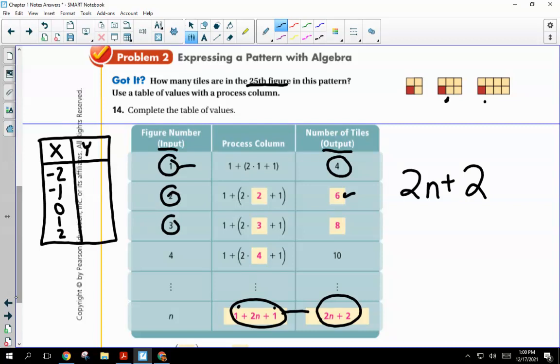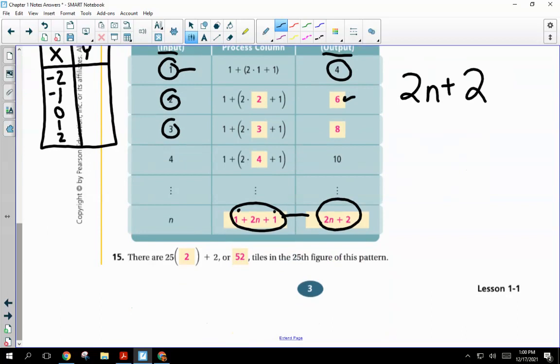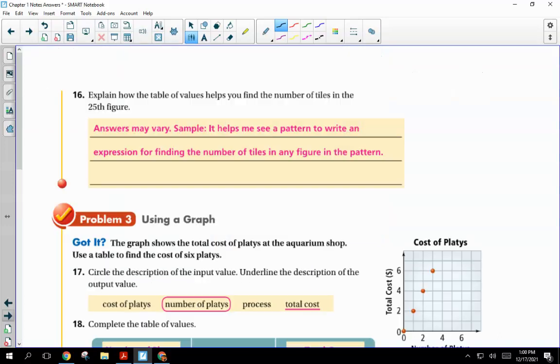Down here, you can see there are 25 times 2 plus 2. You just use this formula to figure out the 25th figure times 2. We're going to use parentheses a lot this year for multiplication. That equals 50. And then you add 2 more, and you get 52. So 52 is the number of tiles in that pattern.